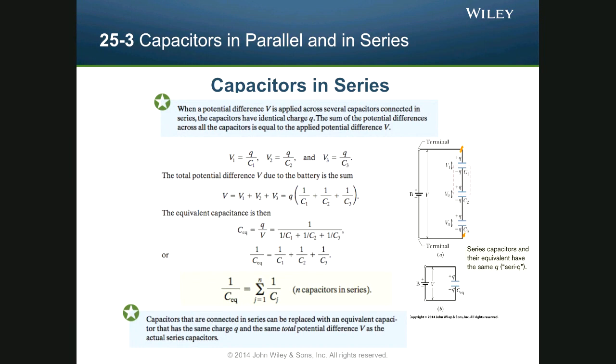So we'll have different voltages across each capacitor, but because the current must be the same, the charge will be the same. Remember, current is related to charge, or as we said, I is equal to dq dt. This implies dq is equal to I dt.